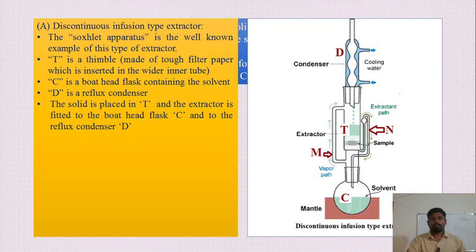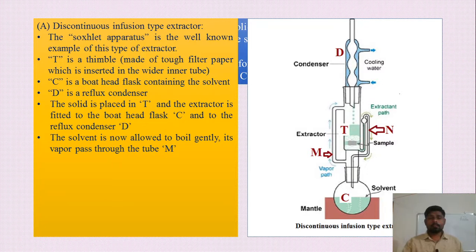Then that is connected to the round bottom flask and the reflux condenser. This is the whole assembly: the extractor with thimble, reflux condenser and round bottom flask. Our sample is put in the thimble, which is the membrane.